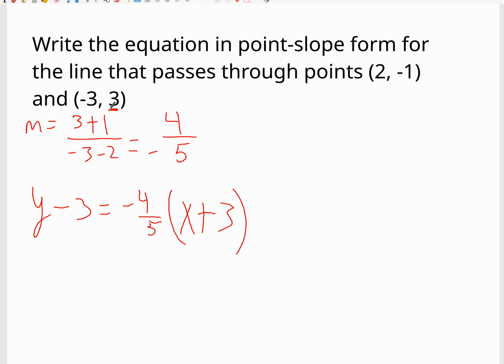Now let's talk about slope. You guys have got to think about your math skills a little bit, okay? Negative 4 over negative 5, you have a positive over a negative. What does that mean? You have a negative 4/5, okay? So if I wrote it as negative 4 over positive 5, what does that mean? A negative and a positive is the same thing.